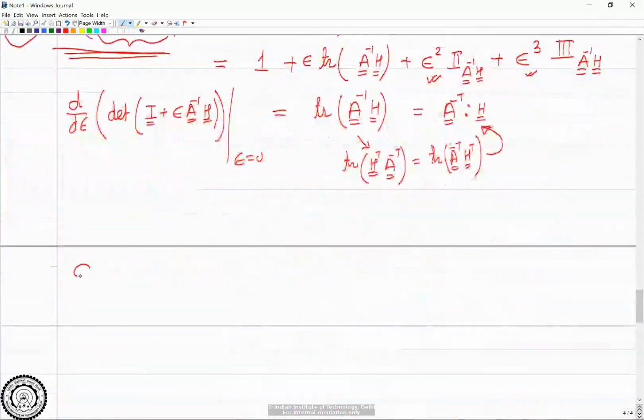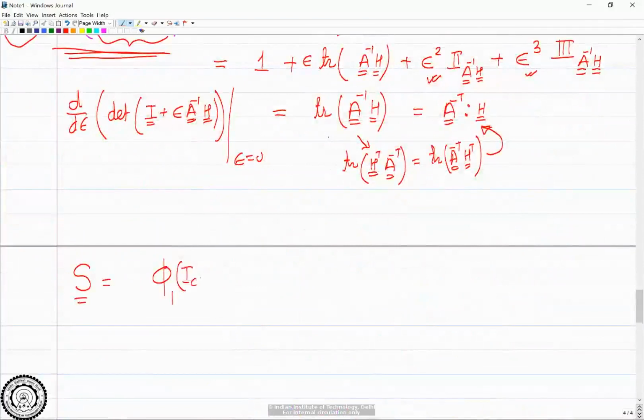You can say that second Piola-Kirchhoff S is some phi 1, which is a function of IC, 2C, 3C into identity plus some phi 2. Well, maybe I'll say it as phi naught, and I'll tell you why I say phi naught.